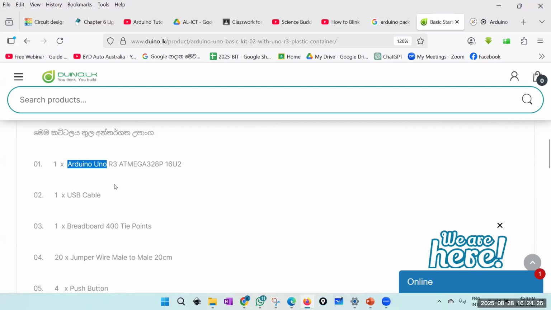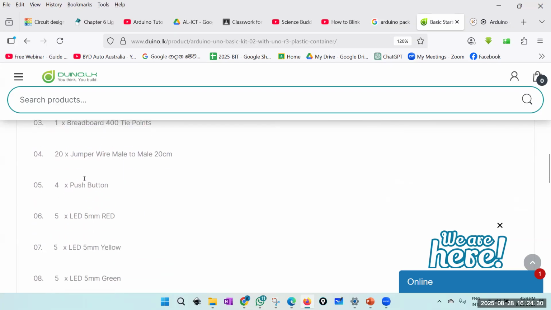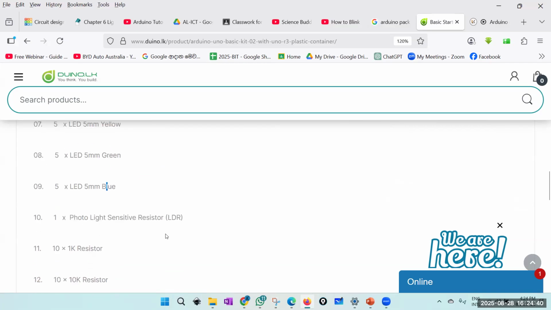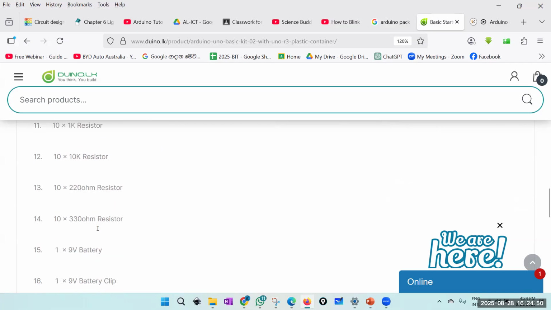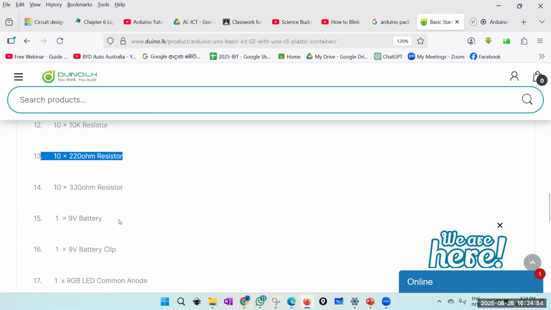Then it has the USB cable, a breadboard, 20 jumper wires, four push buttons, five LEDs: red, yellow, green, blue, a photo light sensitive resistor, and some more resistors, like 10 each of 1K resistors, 10K resistors, and 220 ohm resistors. We need these.